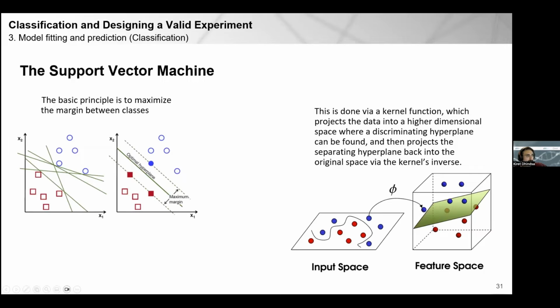maximizes the separability or the classification of these two classes while satisfying this maximum margin in the hyperplane that we talked about earlier. And then, using the inverse of this kernel, it projects that decision boundary back into the input space, which, because this kernel function itself is nonlinear, can give you a very interesting nonlinear decision boundary.